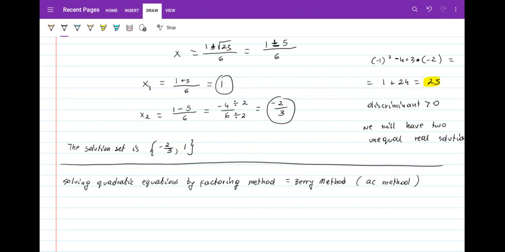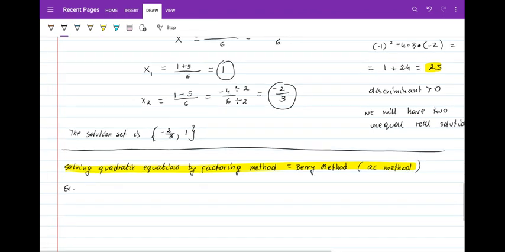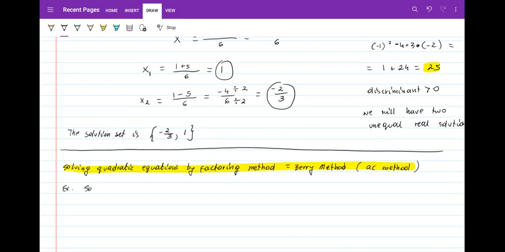Okay. So we'll do a couple examples. I'm going to explain the AC method based on the example. So we need to solve a quadratic equation by factoring.